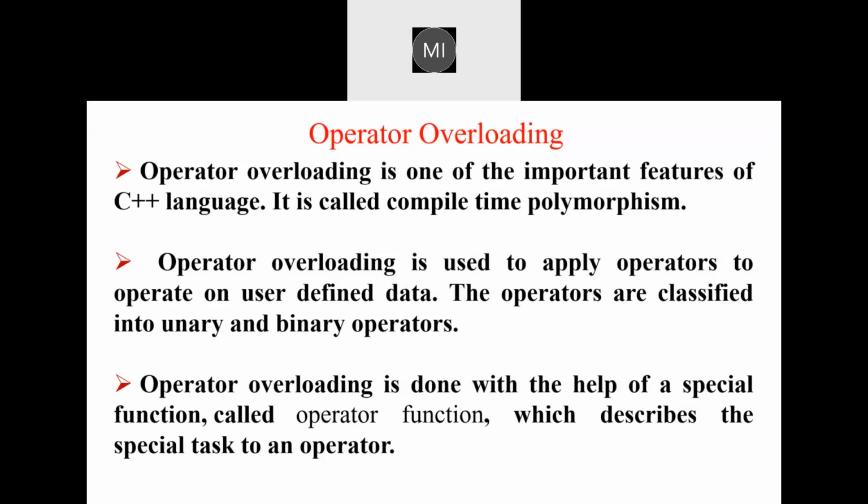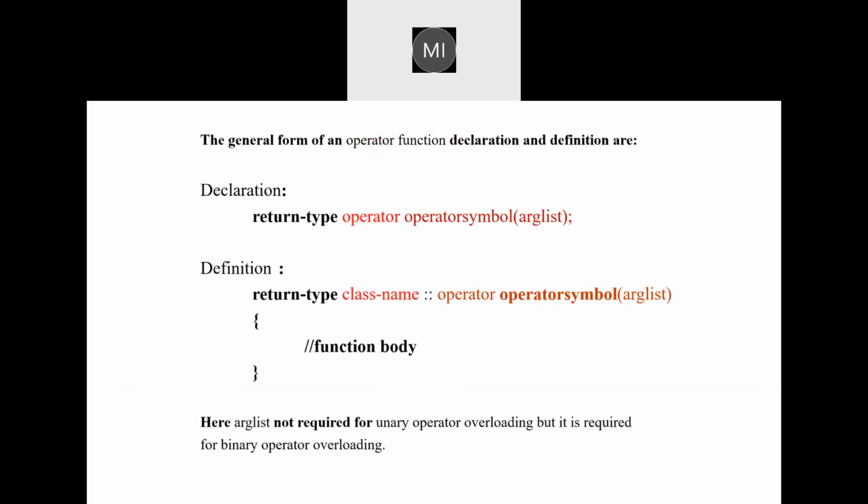That is how a special task is performed by the plus operator, to add two complex numbers apart from adding the normal primitive data types. That means the plus operator is performing more than one kind of operation, so it is achieving the concept of operator overloading.